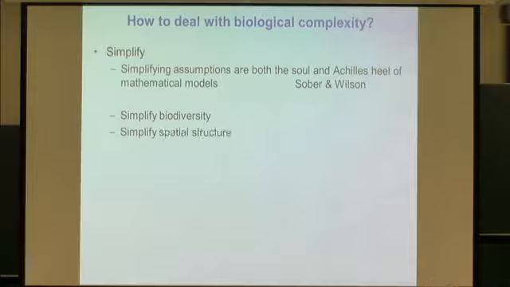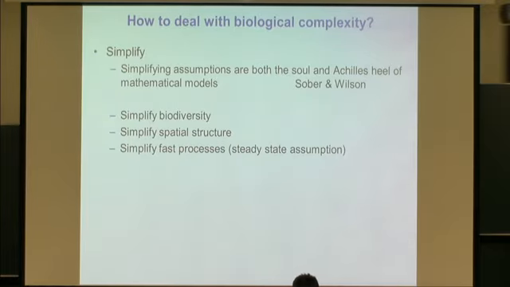You can also simplify spatial structure by making assumptions about mixing in the system being fast relative to the time scale of whatever you're interested in. And you can simplify again by making the steady state assumption. One of the greatest inventions, I think, in mathematical modeling is the steady state.